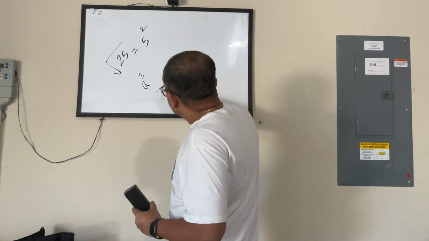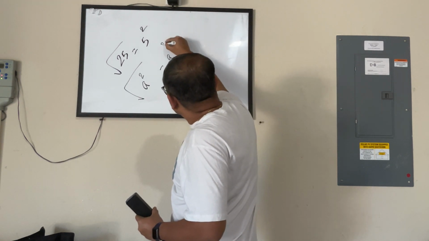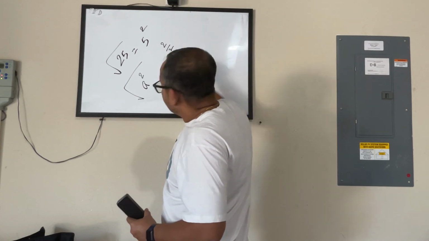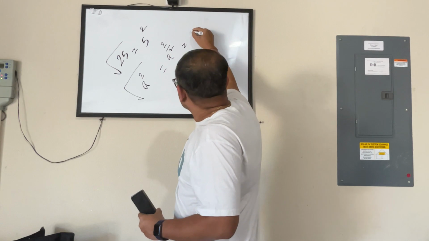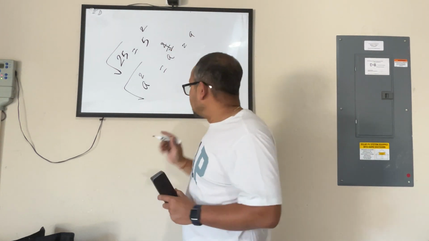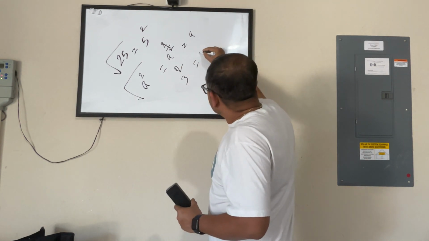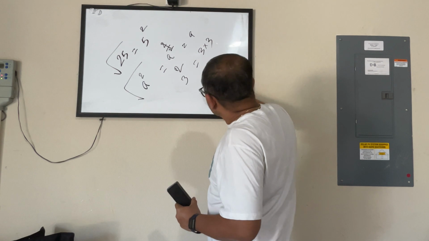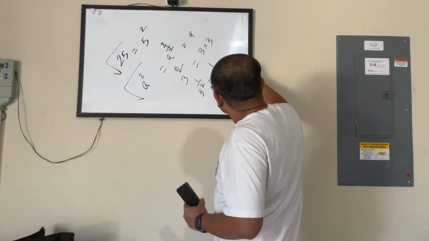If I do this, that means a to the power 2 by 2. That becomes a to the power 1. So square root of anything. Now look at it this way. 3 power 2 means 3 into 3. 3 to the power 1 by 2 means 1 by 3 into 3.